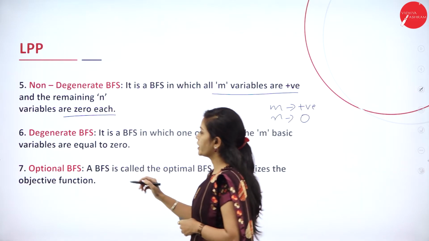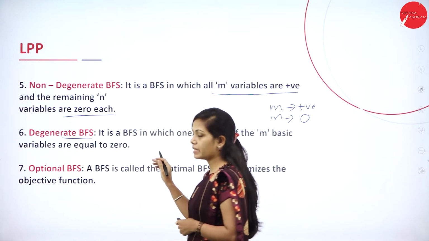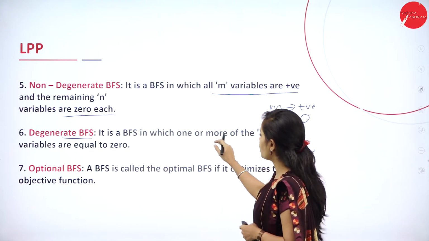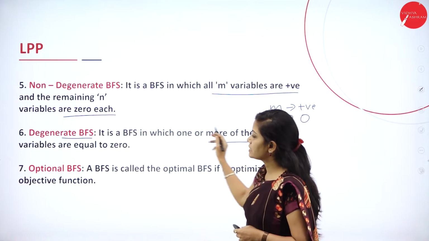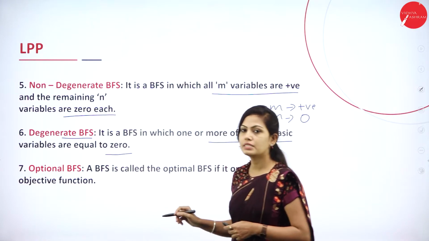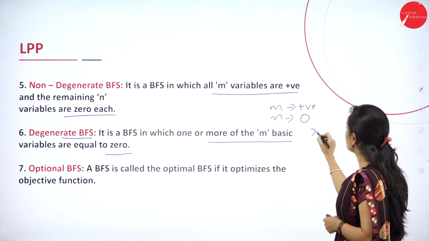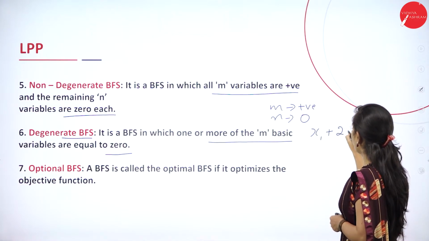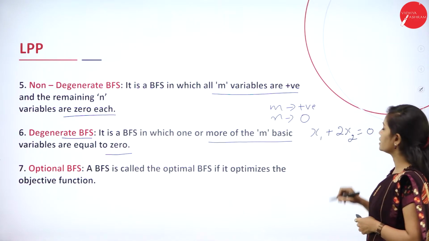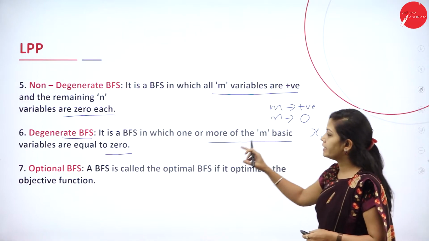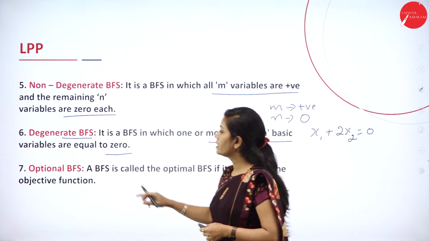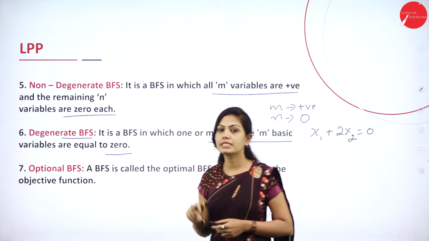And degenerate basic feasible solution is a basic feasible solution in which one or more of the m basic variables are equal to 0. For example, x1 plus 2x2 is equal to 0. So here I have written the degenerate basic feasible solution, where variables are equal to 0.